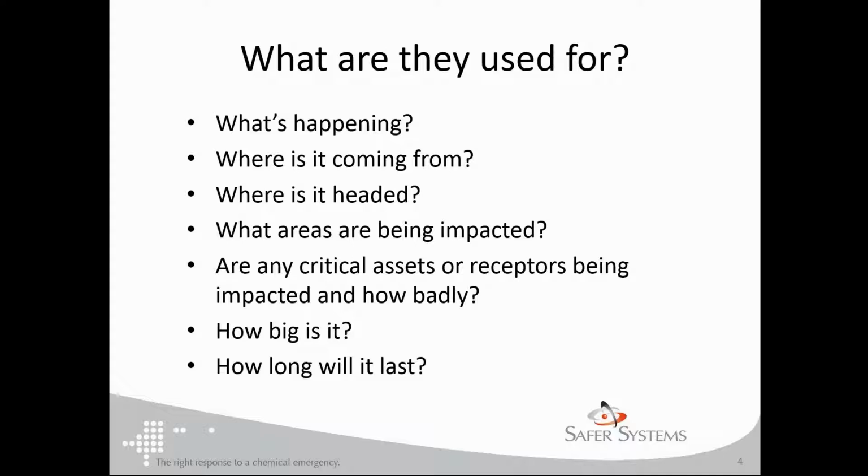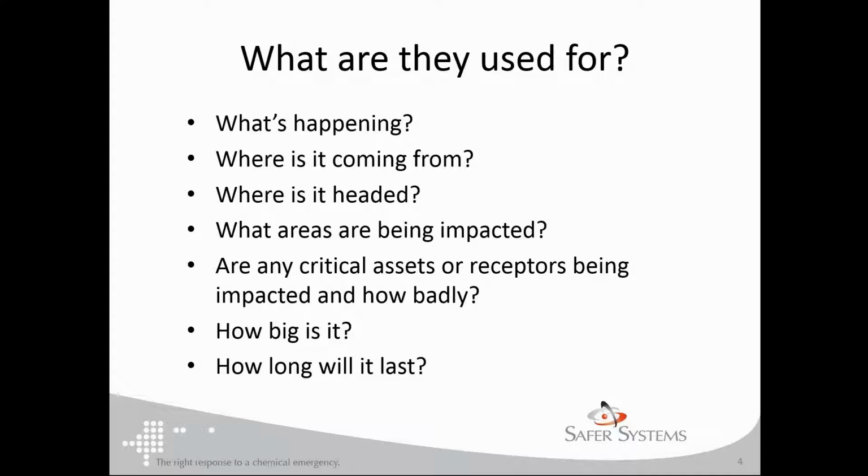Using live data from a localized weather source, whether it be on your plant site if you're a plant guy, or at an incident scene if you're an emergency responder or a first responder, the live data from the localized weather source is going to greatly improve the accuracy of the model because it updates the model output and the impact projections as conditions change.